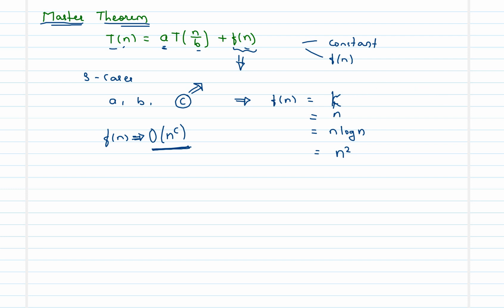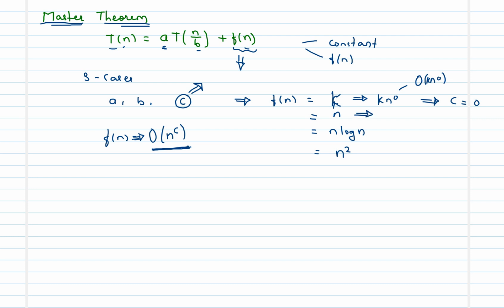Now k is there, so I can write this term as k times n to the power 0, so this is big O of n to the power 0, and k will also be there. So what is c here? This implies c equals 0.